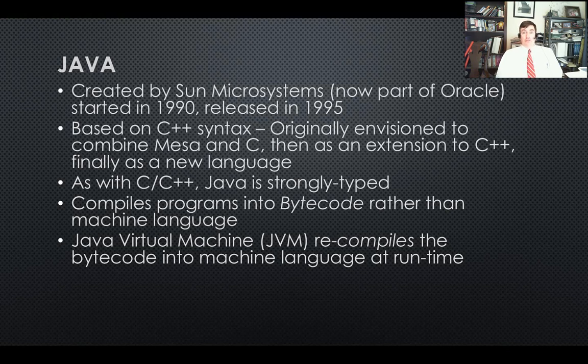That actually happens by the Java virtual machine. A long time ago, Java virtual machines used to interpret the bytecode, instruction by instruction as it went, and that was very slow and tedious. Nowadays, every Java virtual machine recompiles the bytecode into machine language at runtime, so you get a much bigger performance bang by doing the recompiling than you do by interpreting line by line.